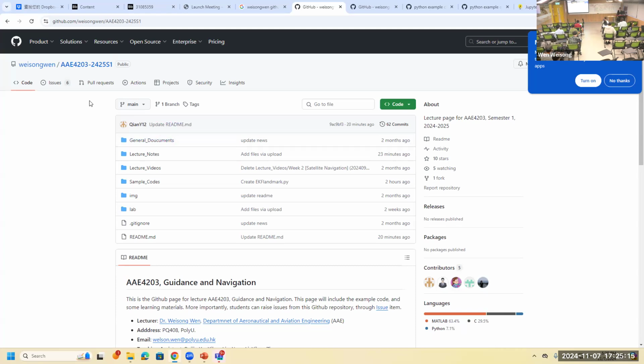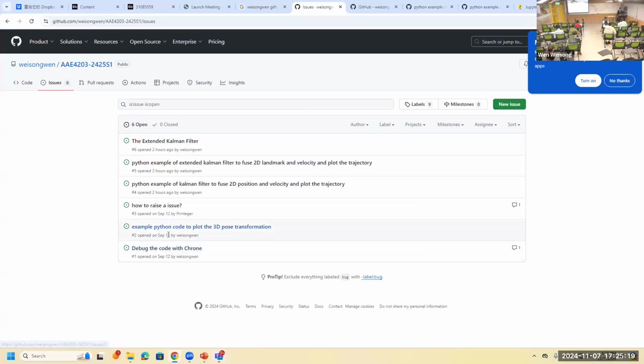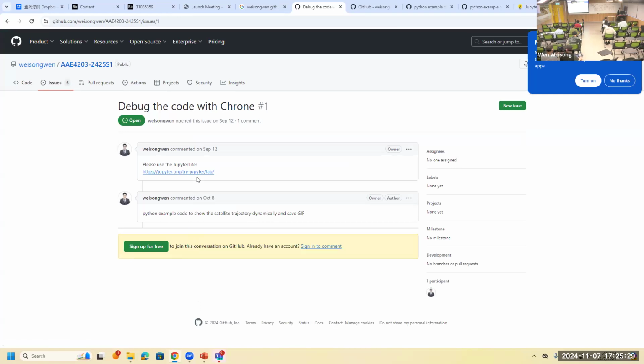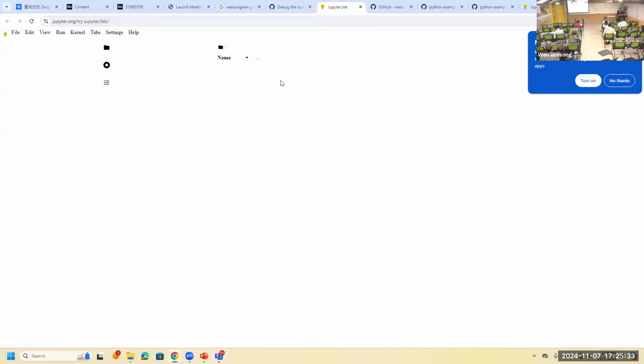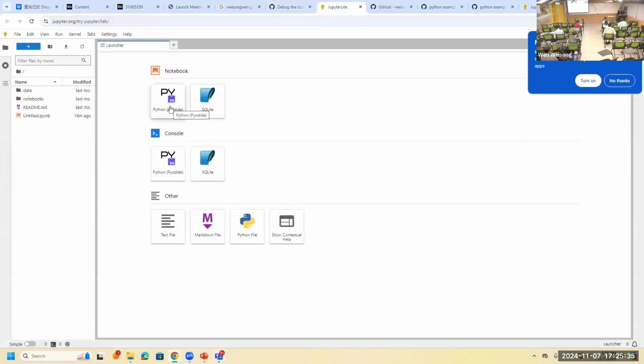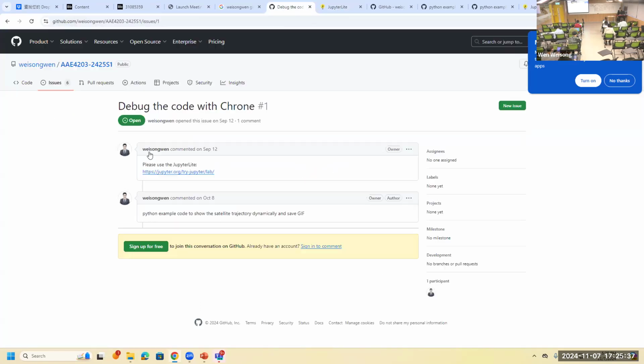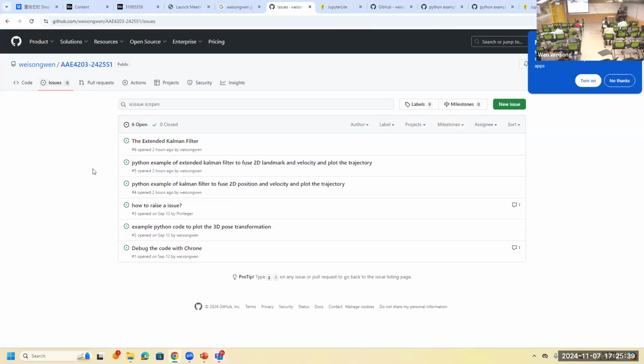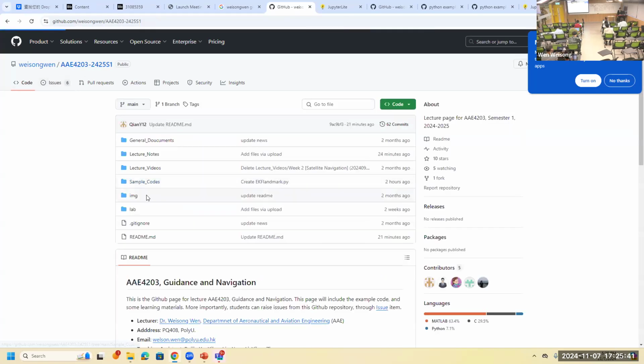If you have found this repository, in the issues there is a page telling you how to debug your Python code in Chrome. Click this. There is a link to the Python code in an online editor. You can copy the code from this repository in the sample codes.